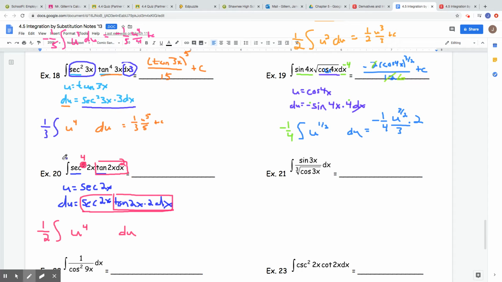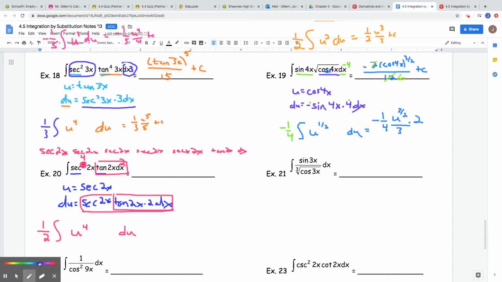Okay? Basically, there's 1, then I got another 1, it's 2, there's 3, there's 4, there's 5, and then we have what? Our tangent 2x dx, right?